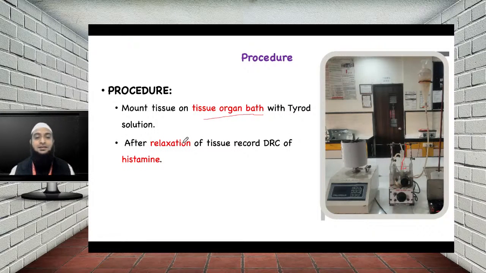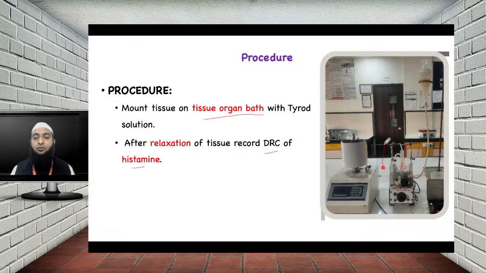Then after relaxation of the tissue, you can record the dose response curve of histamine. So you have to allow the tissue to relax. For relaxing the tissue, you keep down the second load, the extra load of 1 gram, and give washing every 5 minutes.